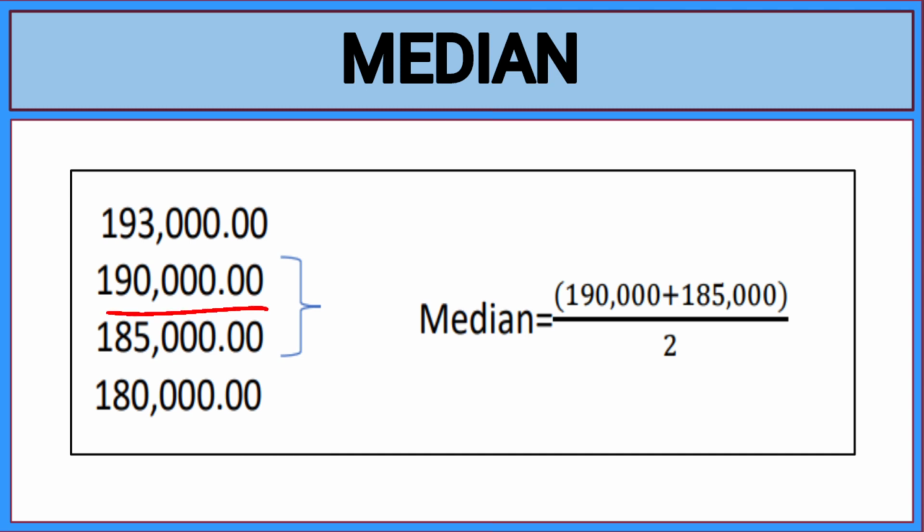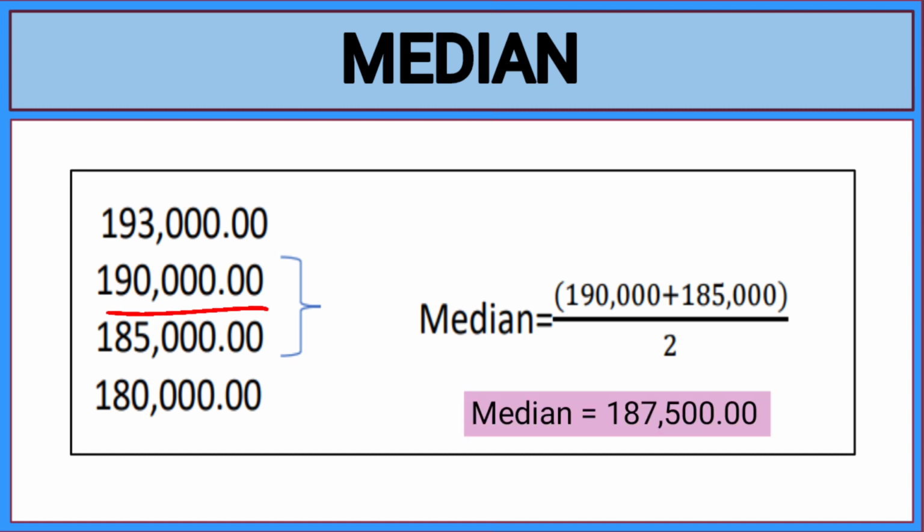And then we need to get those two values nearest to the middle point. That will be 190,000 pesos plus 185,000 pesos. To get the average, we divide it by 2, and we get the value of 187,500 pesos. So this will be our median.